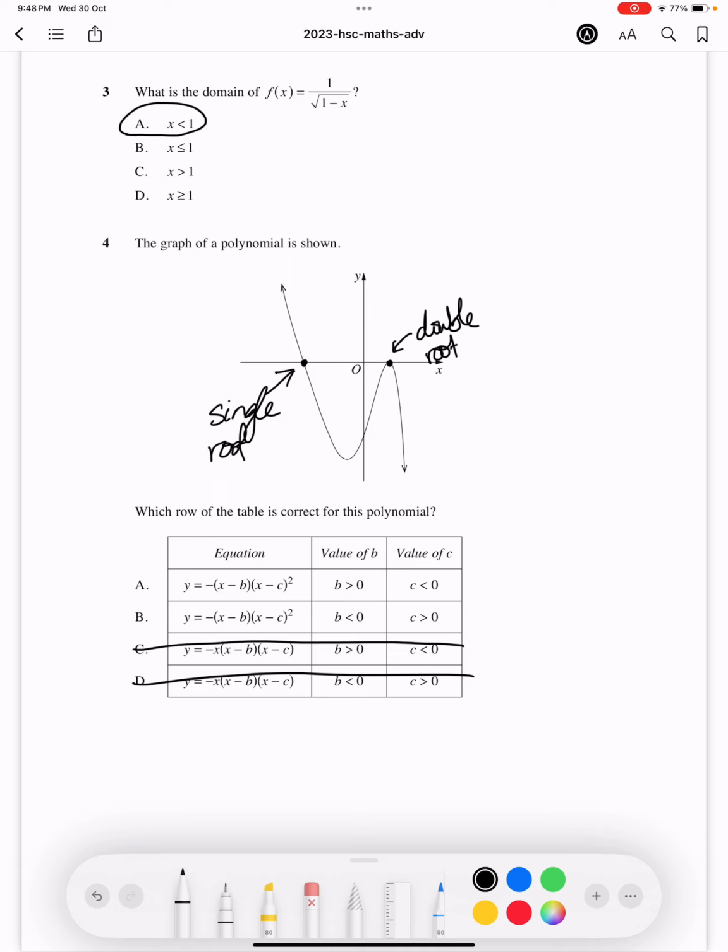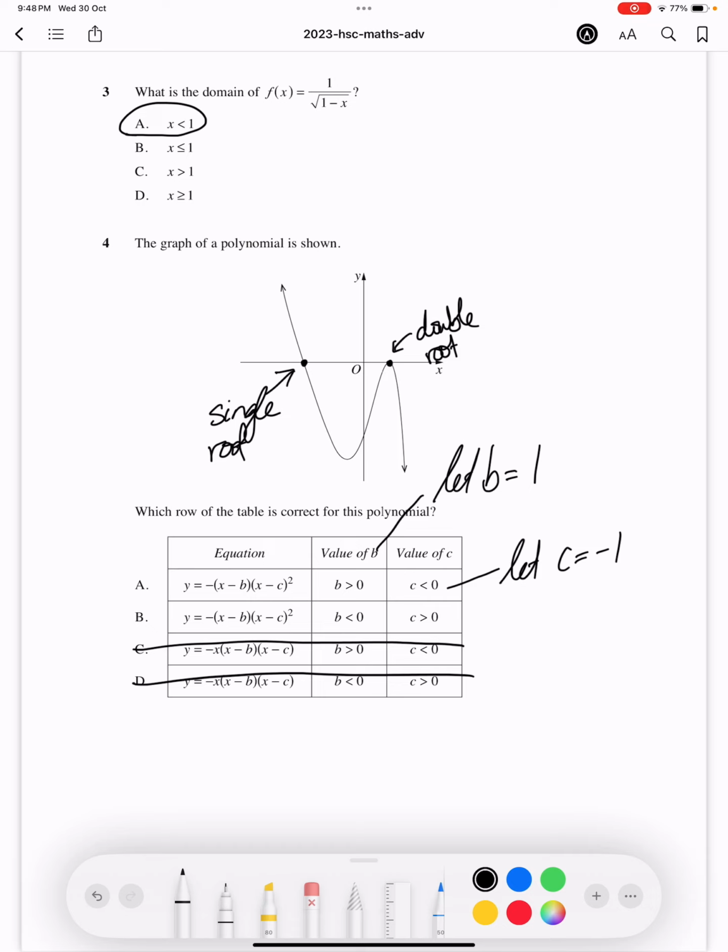If the value of b is positive, then let b equal 1, because that is the smallest positive answer that fits under this condition. And if c is less than 0, then let c equal minus 1.